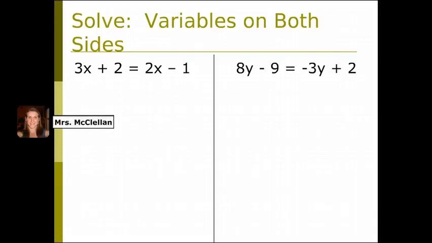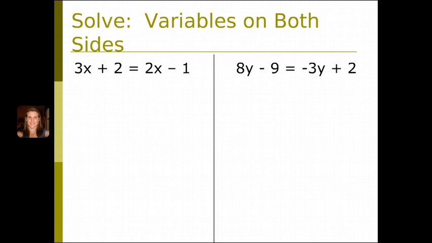Now our equations are getting a little bit more complicated. They're getting a little longer, and if you notice, in these two examples, we have variables on both sides of our equations. Well, in order to solve this equation, you must get your variables on the same side. As a general rule, it's always easier to move whichever variable is going to give you a positive answer.